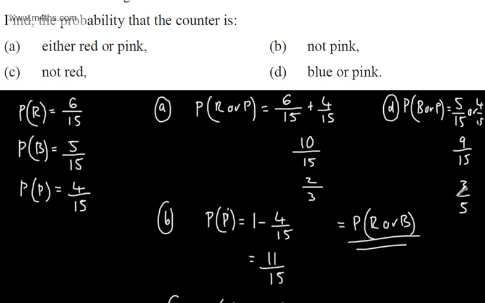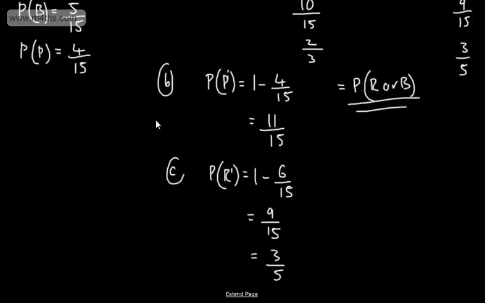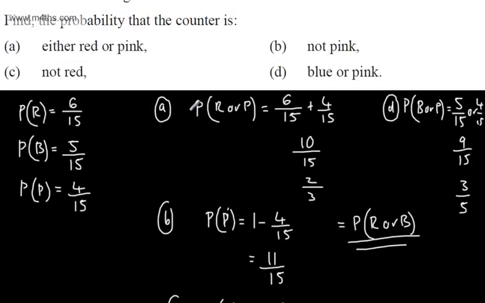So that's what we would have. Now if we look at this, a blue or a pink and not a red, well, if it's not a red, it's a blue or a pink. So we can see from this is exactly the same. So not red must be blue or pink. So we could have linked those two together. Essentially, this is asking us the same question. So do check those two things link together.